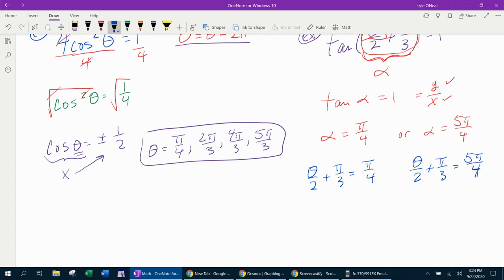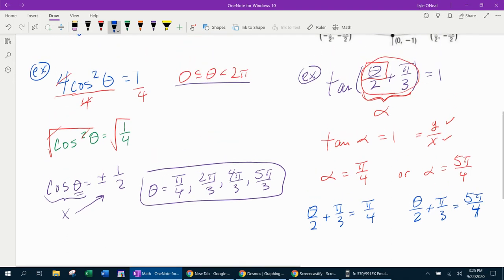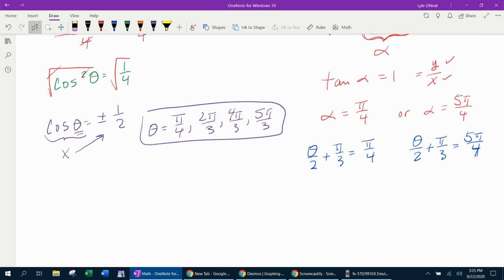And then I'm going to need to solve both of these for theta and see if they fall within 0 to 2 pi, because this problem is also restricted to angles of theta between 0 and 2 pi. All right, so here we go.